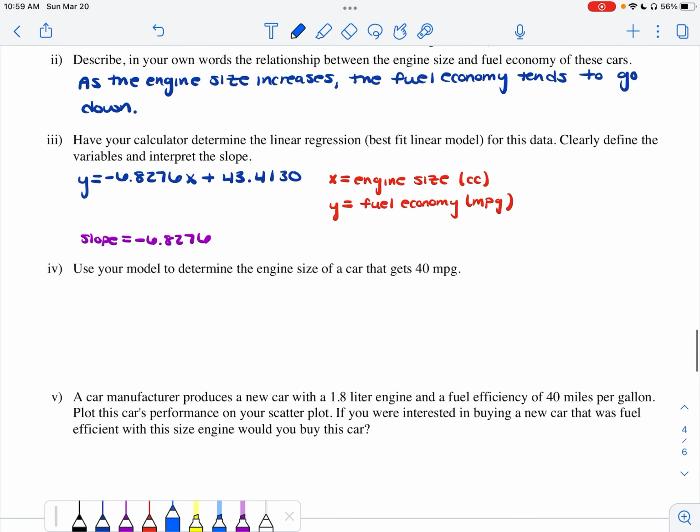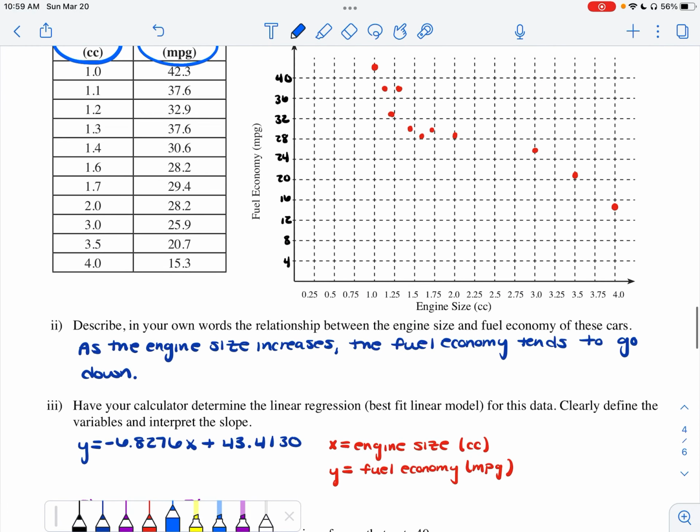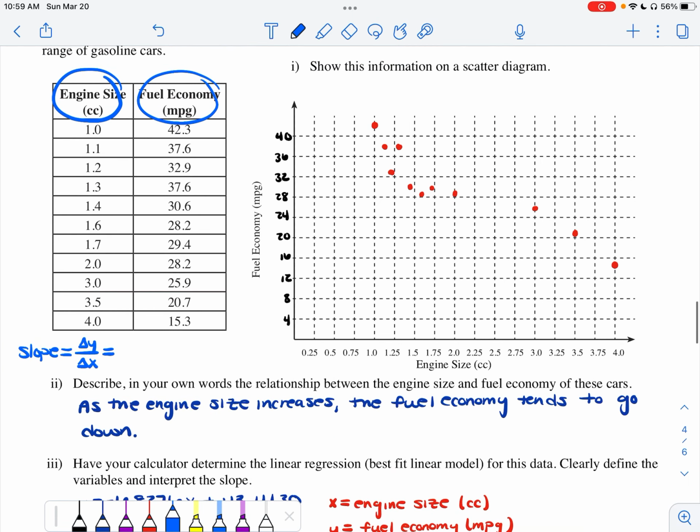So in general, let me put a note right here: slope is the change in y over the change in x. In this case, you're thinking fuel economy in MPG over the engine size in CC.